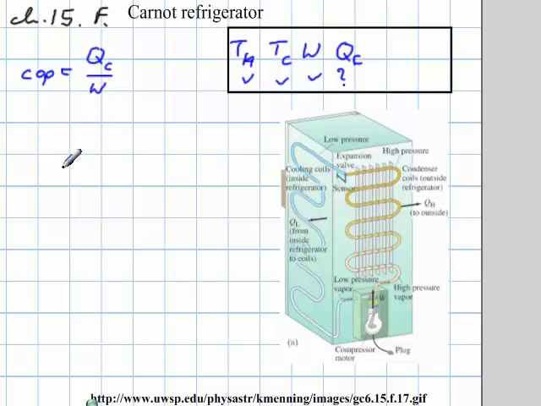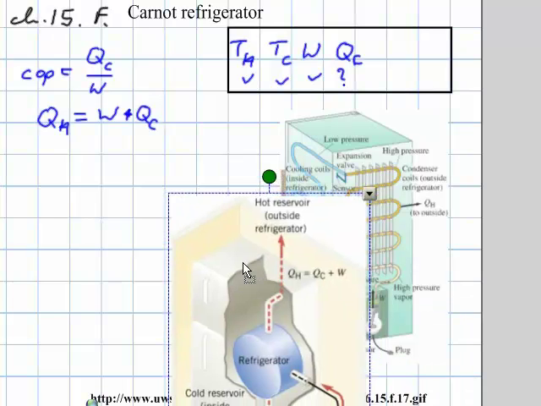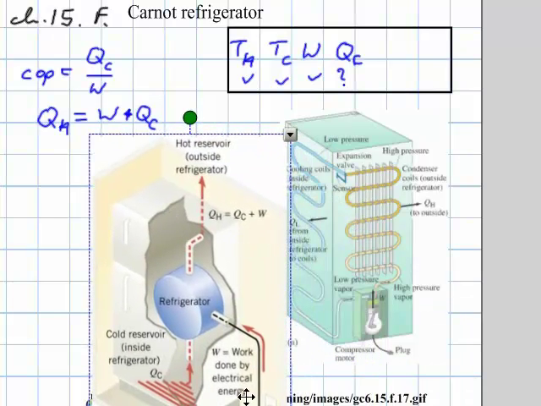And another equation that we could use would be simply this one, that the heat that goes out is the same as the work that is being inputted plus the heat that is taken out of the refrigerator, which of course goes with this diagram from the book, where the work is going in and that's what's being used in order to pump out the heat and put it into the actual warmer environment of the kitchen.